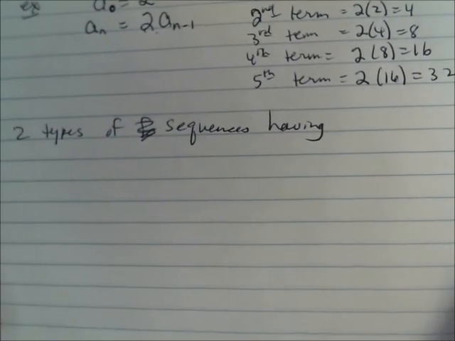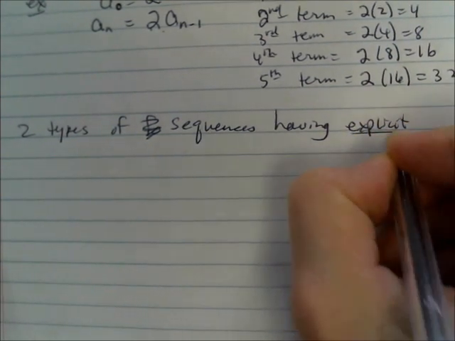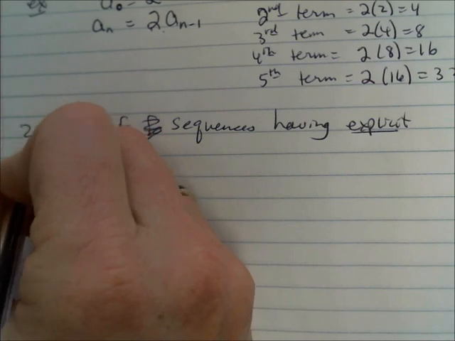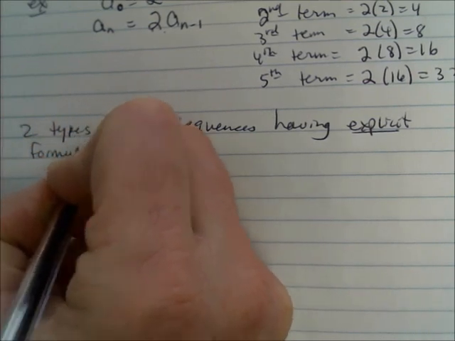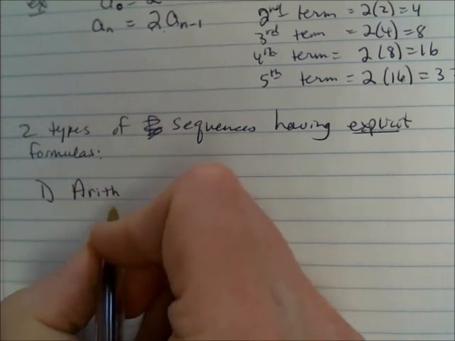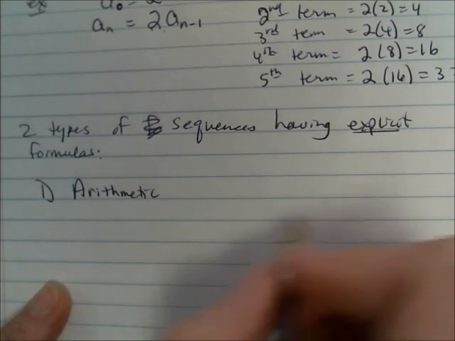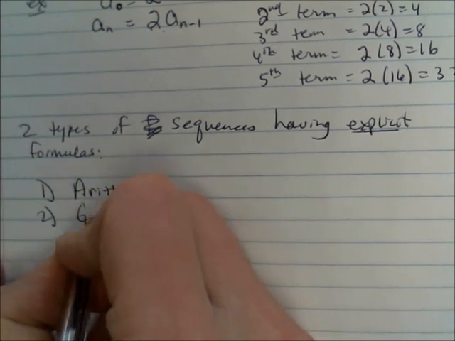Two types of sequences having explicit formulas. The first type is called an arithmetic. Hopefully you remember this from Algebra 2. And the second type is called geometric.